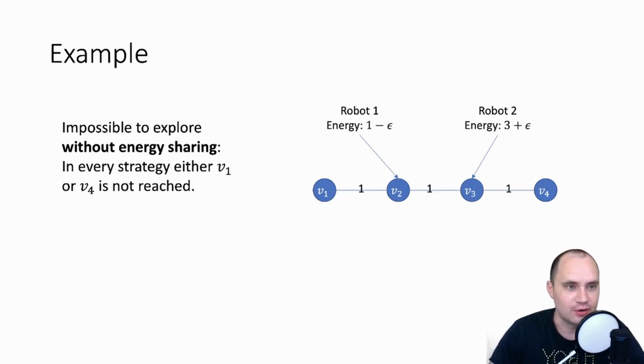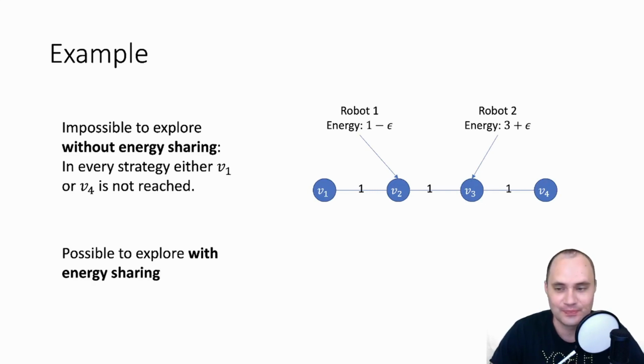For instance, robot 2 should be responsible for exploring the edge V3 to V4 because robot 1 cannot reach it. If robot 2 is responsible for the edge V3 to V4, then it cannot fully explore the edge V2 to V1. And neither can robot 1 fully explore the edge from V2 to V1. There are many ways of seeing this, but essentially that's one of them.